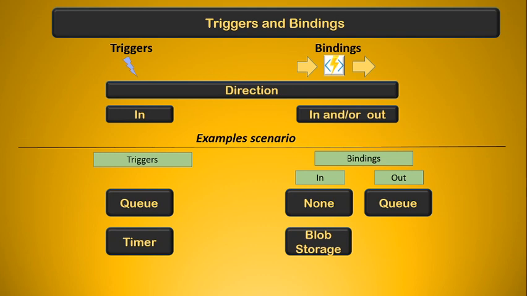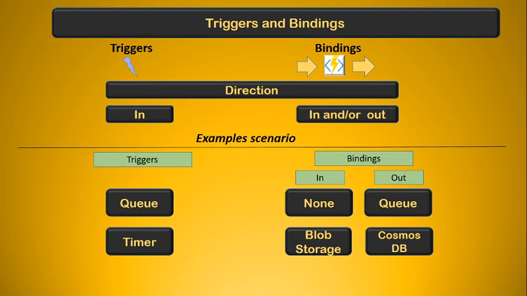The bindings will be inward direction for the blob storage and out direction for the Cosmos DB, because whenever the function runs, being timer based, it will read the data from blob storage, process it, and based on that write some data into the Cosmos DB. That's why we have given out direction to the Cosmos DB binding.